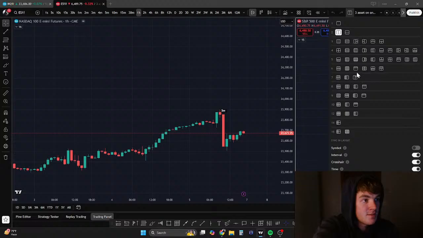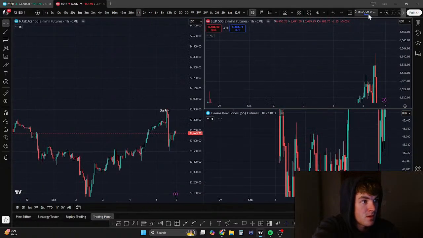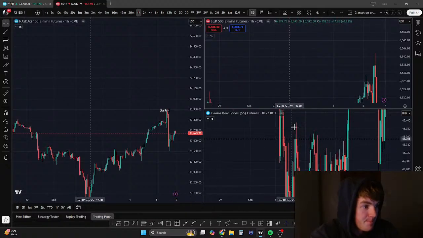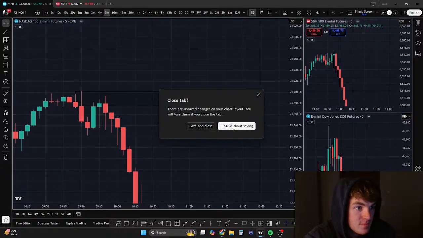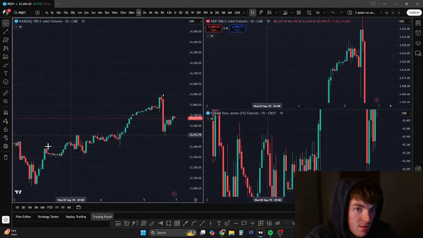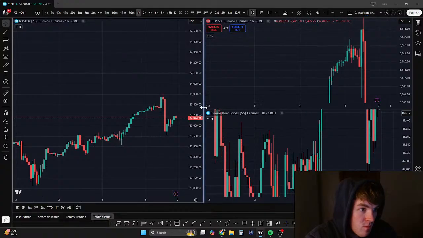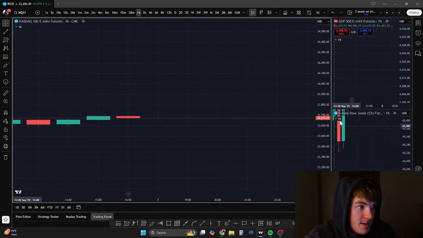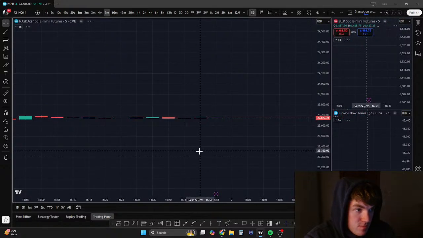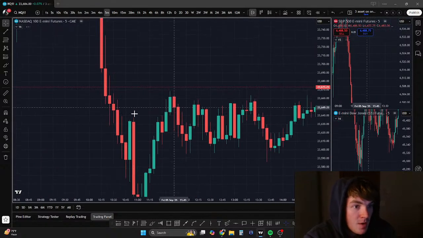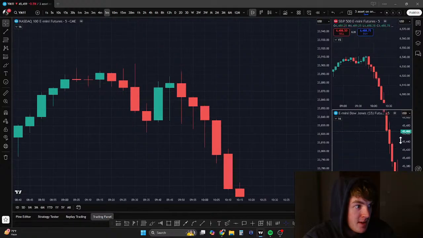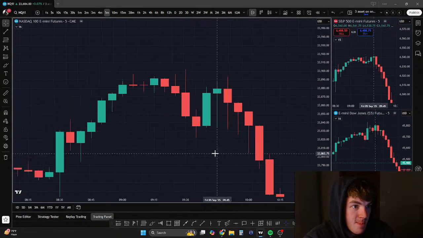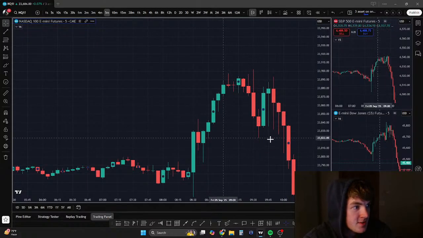Why did it not save my... Okay. Alright, anyway. Yeah, this is nice. And then I can just really easily look for SMTs with YM and with ES on the right-hand side. Yeah, it's my new favorite setup here.